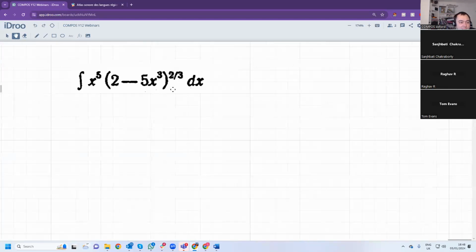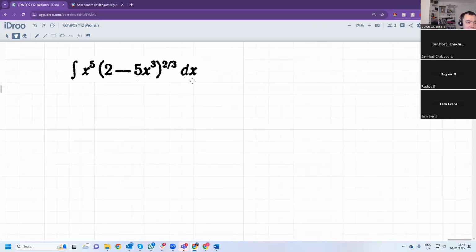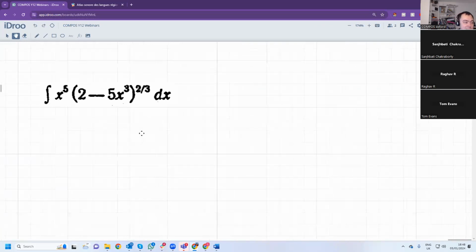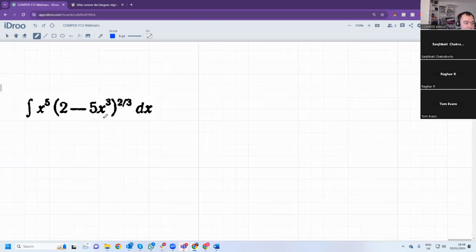All right, so let's try a harder problem. This one, and as you can guess, we substitute not x to the power 5, but this thing. I like to draw a vertical squiggly line and say u is equal to 2 minus 5x cubed.